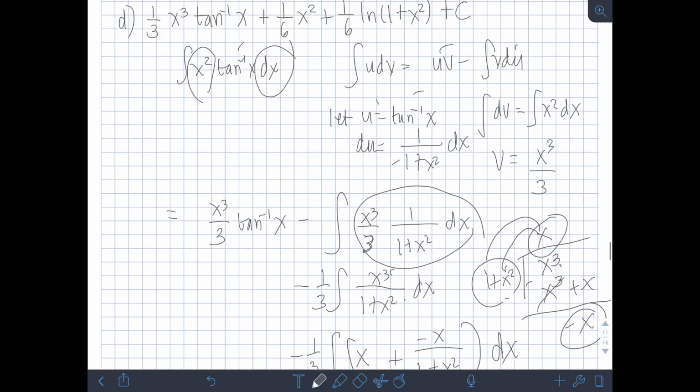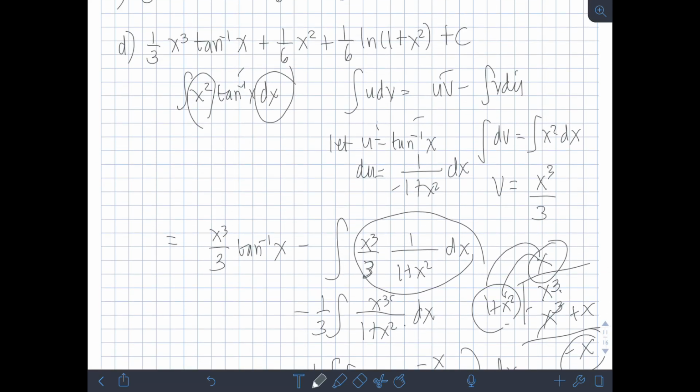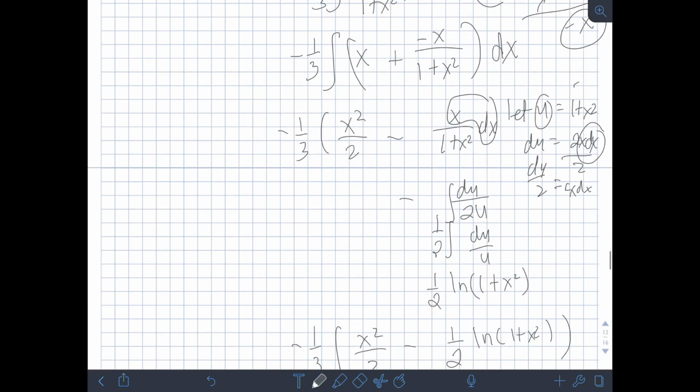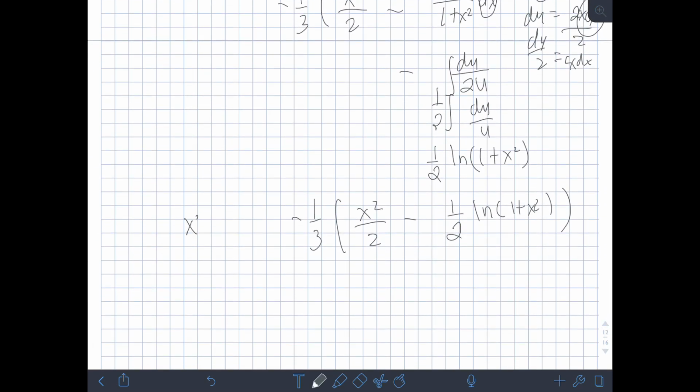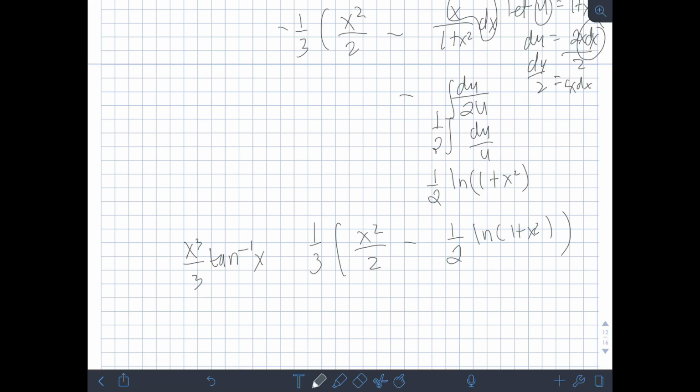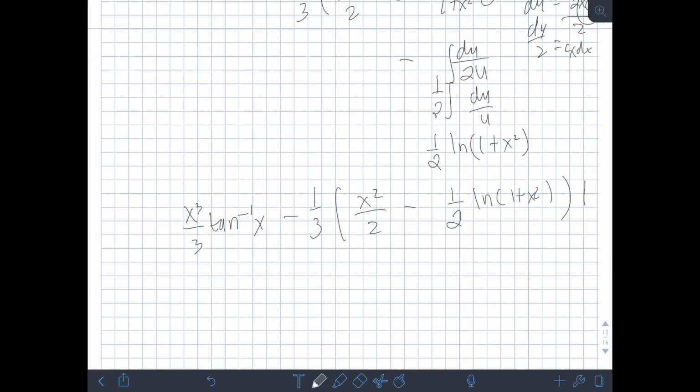Okay? Tapos yung nasa unahan, itong x cubed over 3 times arctan x. So, x cubed over 3 times arctan x minus. So, ito na pala yung minus. So, minus 1/3. Then, distribute na natin. So, plus c pala to. So, we have x cubed over 3 arctan of x. Distribute, we have negative x squared over 6.